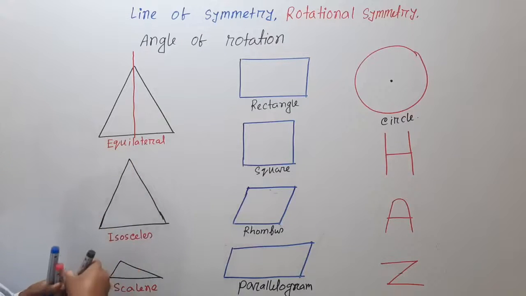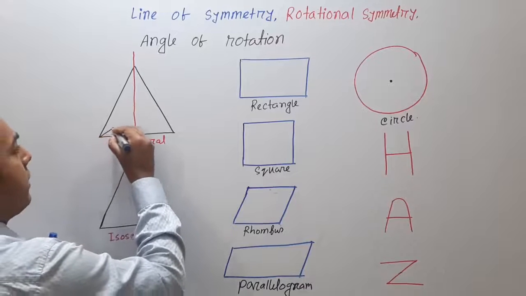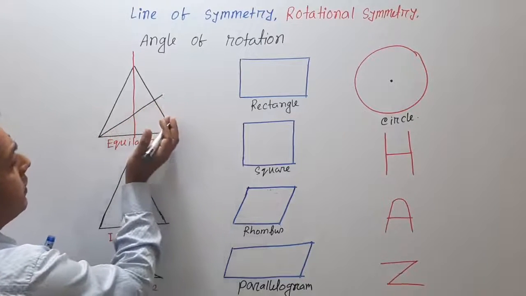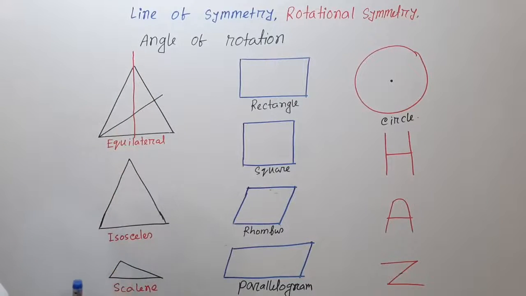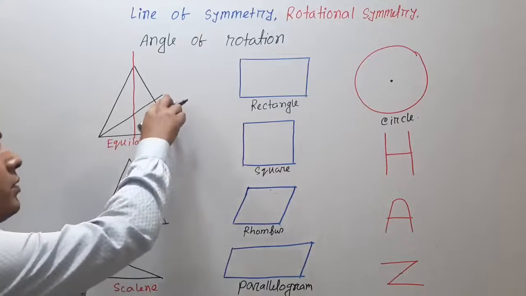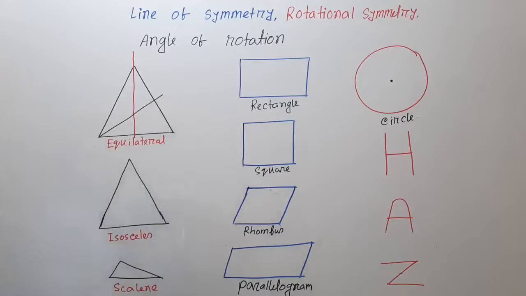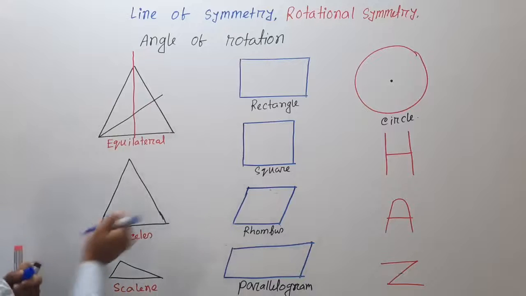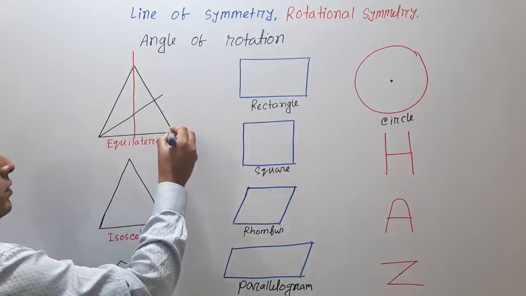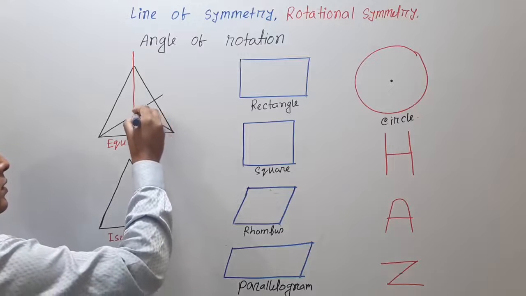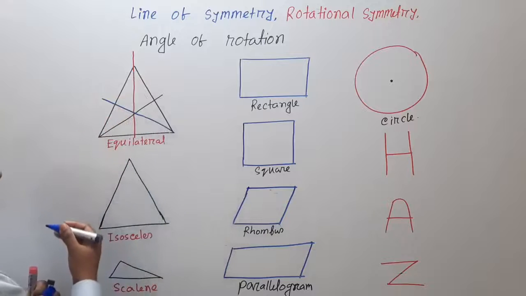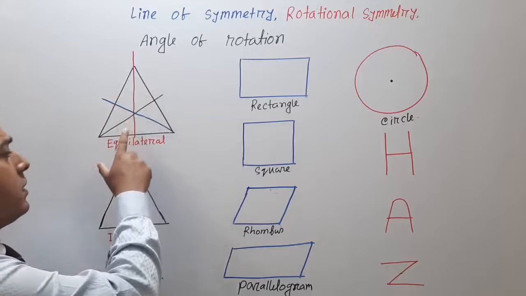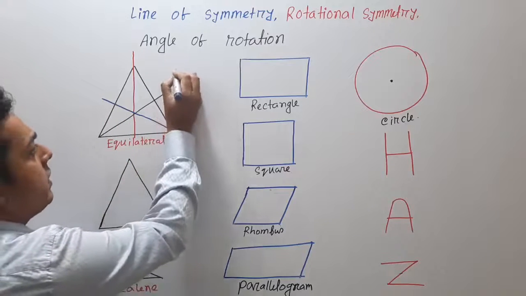Another way, according to this line, this half exactly overlaps this half, so it is also a line of symmetry for the equilateral triangle. And if you divide it into two parts this way, this half exactly overlaps the other half, so it has a line of symmetry. This equilateral triangle has three lines of symmetry.